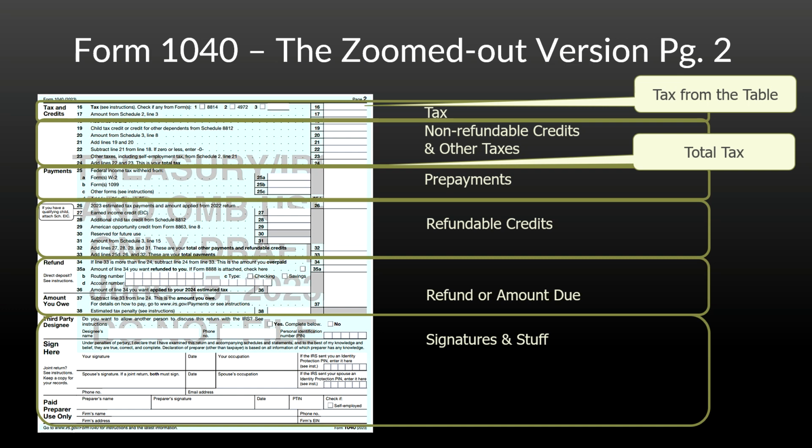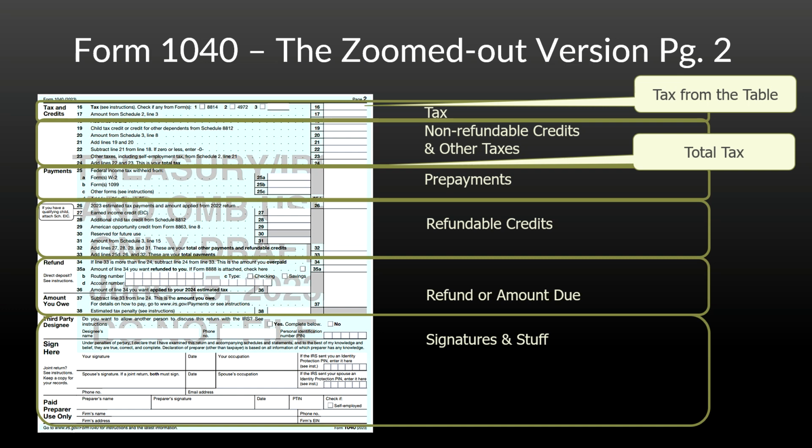That is out of scope for us, so we don't need to worry a lot about it right now, but just so you know why there's another line. The next section is for non-refundable credits and other taxes. Now, credits lower the amount of tax that you would owe.